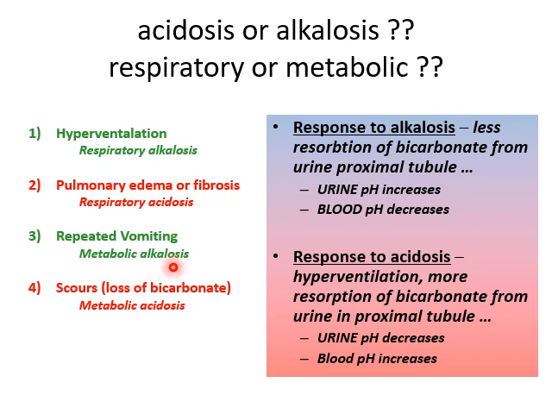Repeated vomiting. If we're bringing up stomach contents, we're going to lose acid in the blood. That's going to leave us with a base overload, and that's going to be metabolic alkalosis. We've lost hydrogen ions by throwing up.